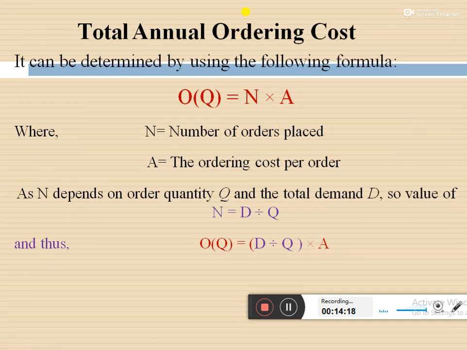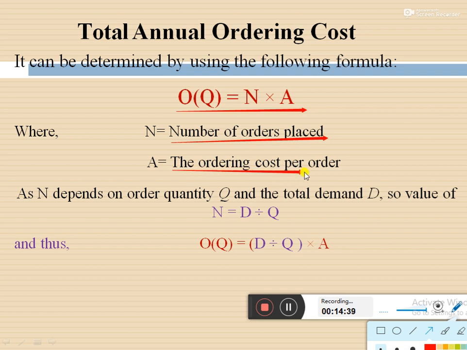Total annual ordering cost can be determined by using the formula ordering cost is equal to n times A, where n denotes the number of orders placed and A denotes the ordering cost per order.